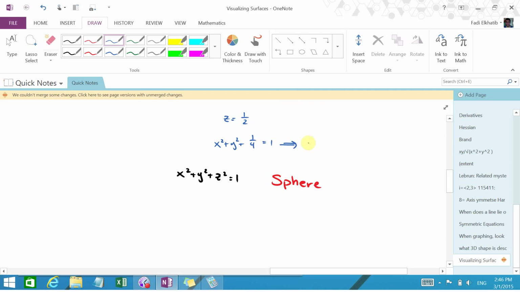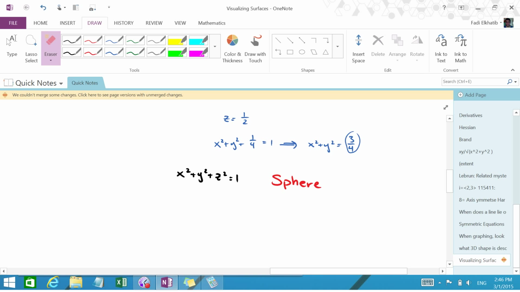Subtracting a fourth from both sides, x squared plus y squared equals 3/4. And if you take the square root of this, remember, this is the radius of the circle squared. So radical 3 over 2 is the radius of that smaller circle.